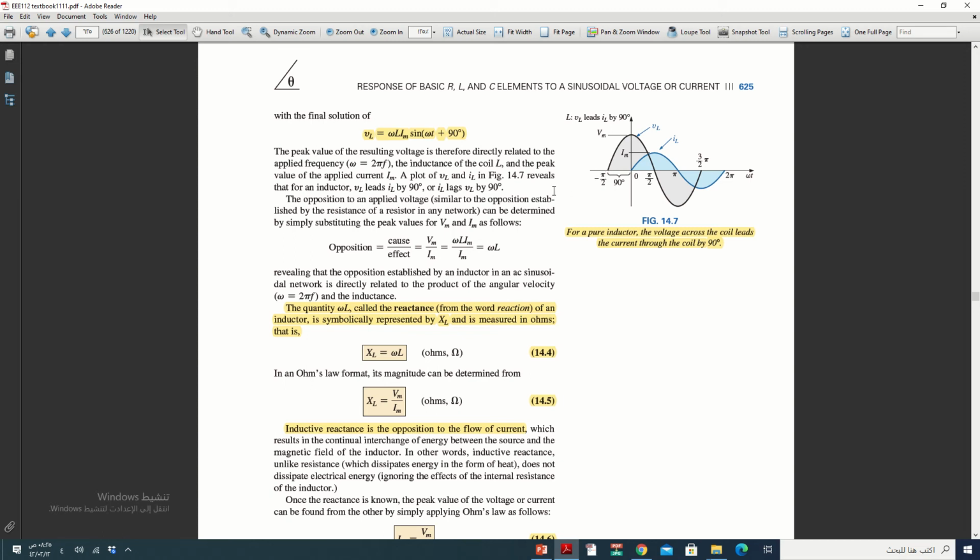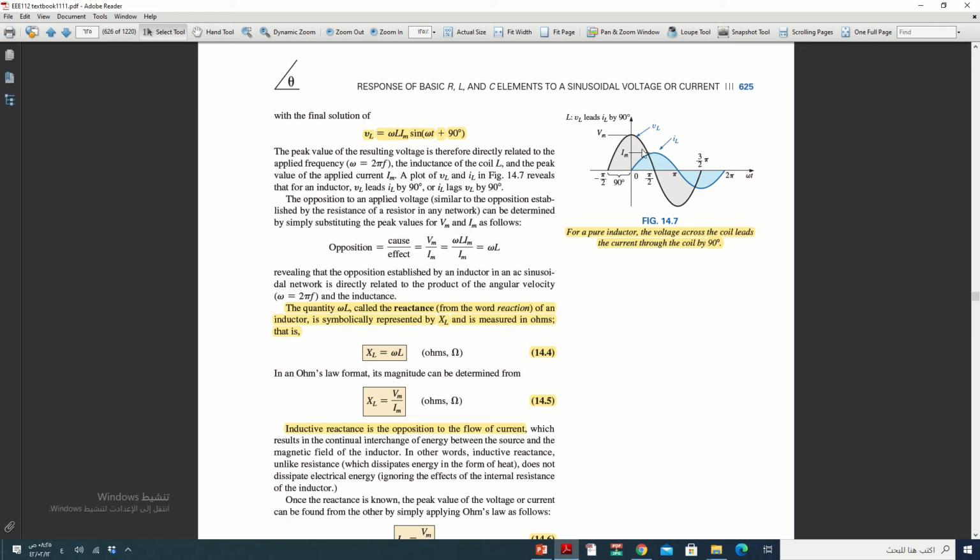If you remember, for this voltage and this current, what can we say? Which one leads the other, or which is lagging? From the last chapter, we said the curve that reaches zero first leads the other.